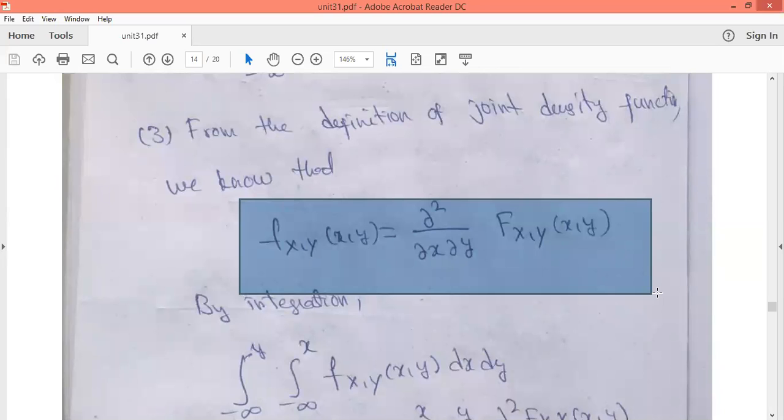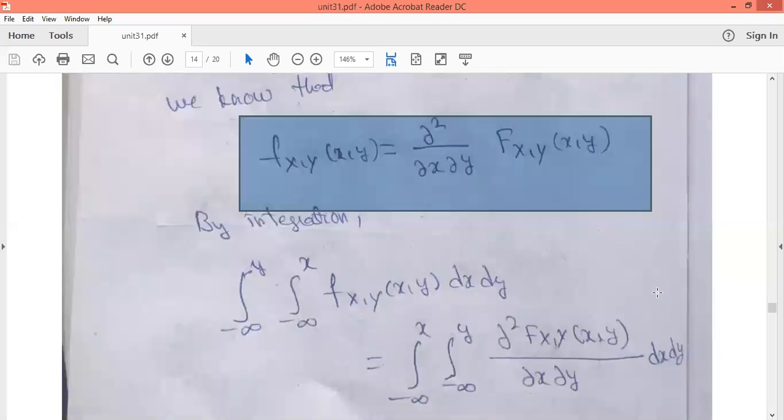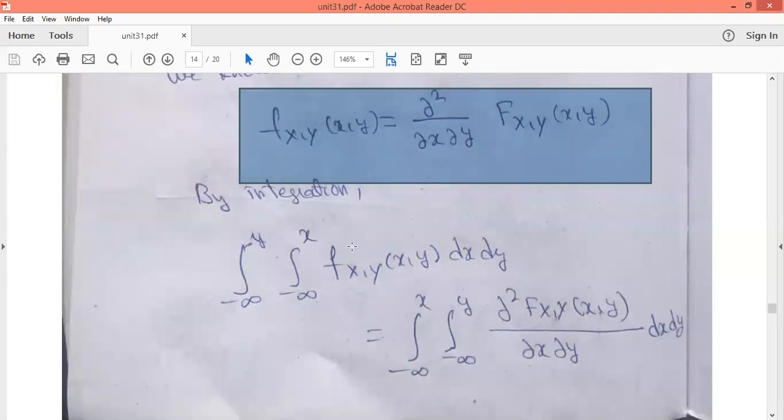Now what are we doing? We are integrating both sides of this equation from minus infinity to x and minus infinity to y with respect to x and y. So it is the integral from minus infinity to y, minus infinity to x of f_XY(x, y) dx dy. What do we have here?